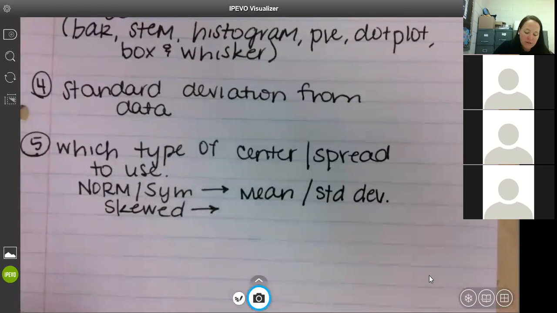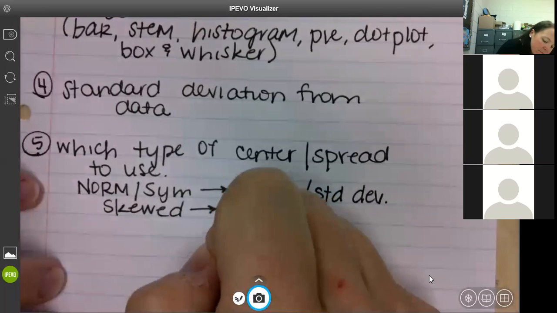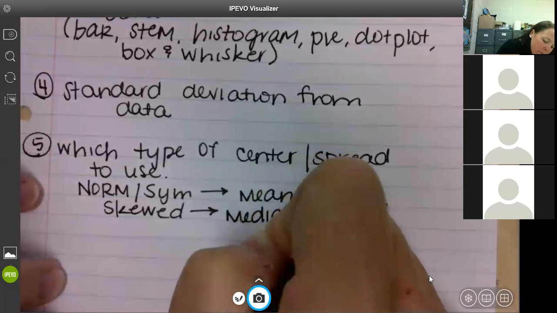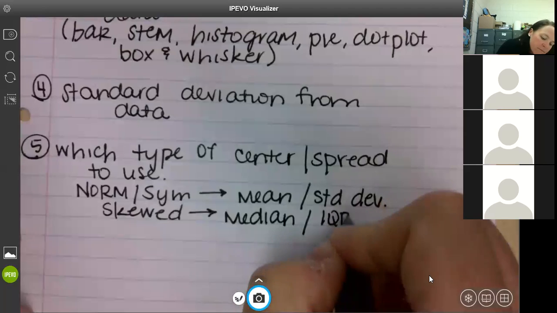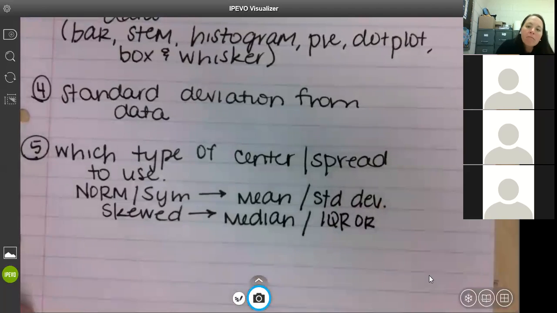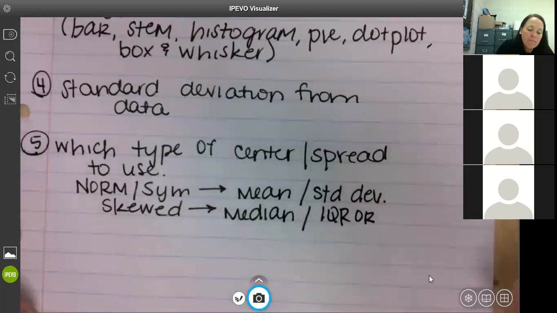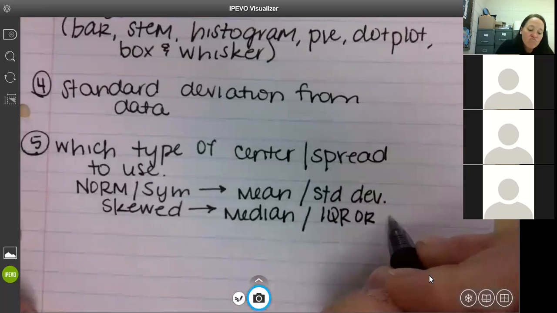Skewed, what do we use for the center? Median. And then for the spread? IQR. Or what else could we use? Range.